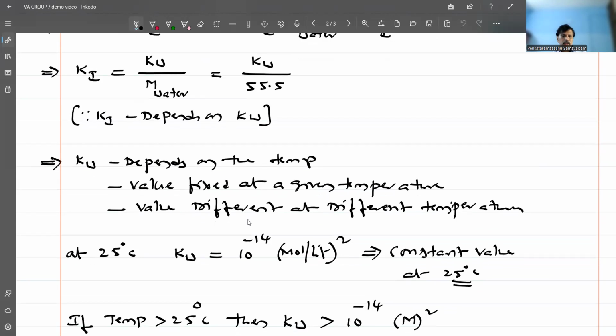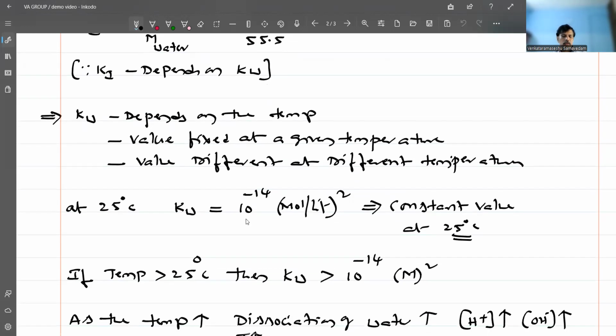At 25 degrees centigrade, we know that Kw is a fixed value, that is about 10 to the power of minus 14 moles per liter whole square. This is a constant value at 25 degrees centigrade. If temperature is greater than 25, Kw is greater than 10 power minus 14. Why? Because dissociation of water takes place.